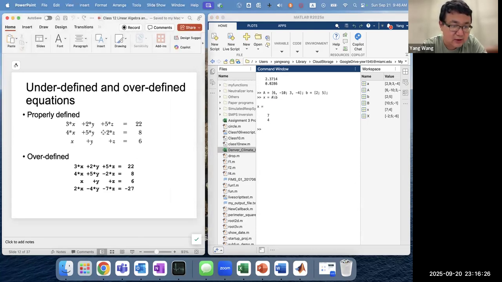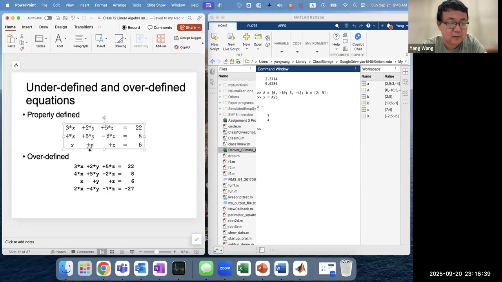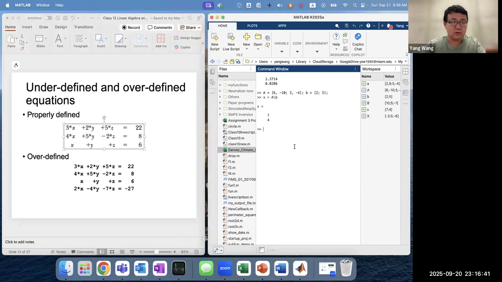So then we can talk about underdefined or overdefined equations. This equation is actually a properly defined equation. You can see that they don't form singular problems, because on the left-hand side, none of these terms are just double or triple of one of the equations. If you want to do the calculation, you could have, let's say, 3, 2, 5 in the first row, 4, 5, minus 2 in the second row, 1, 1, 1.